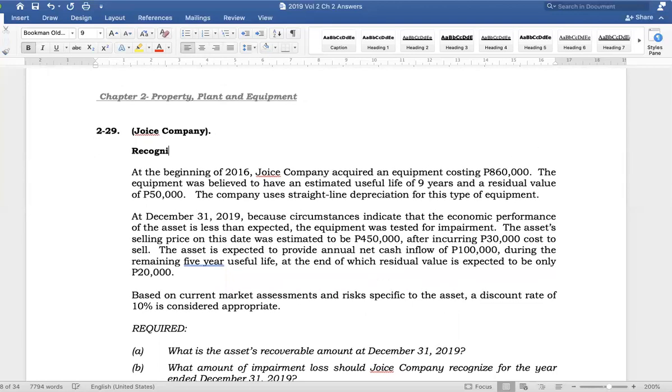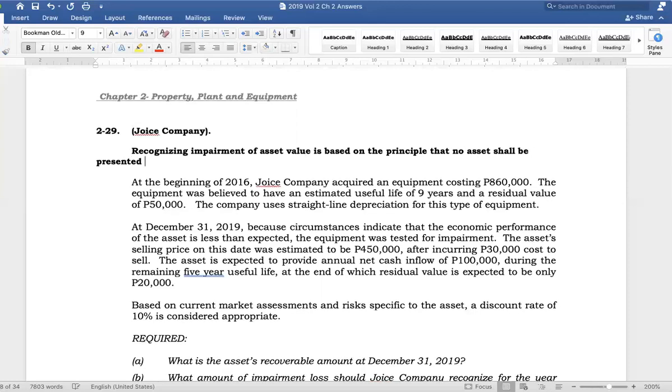Recognizing impairment of asset value is based on the principle that no asset shall be presented in the statement of financial position beyond its recoverable amount.